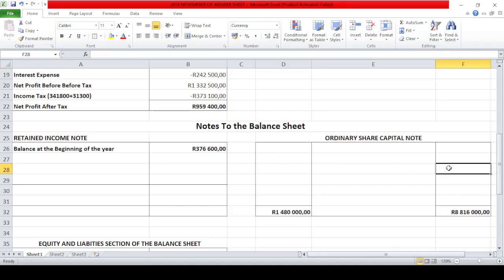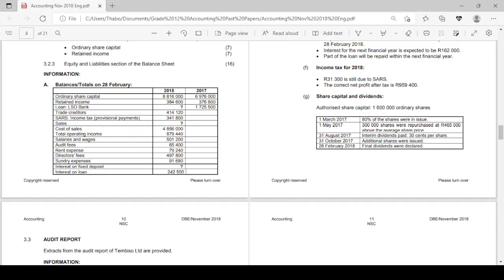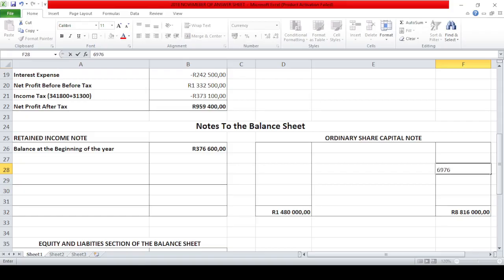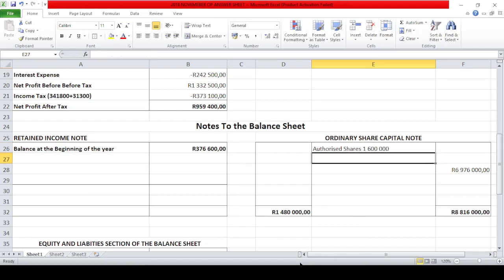So our authorized shares are equal to 1,600,000.